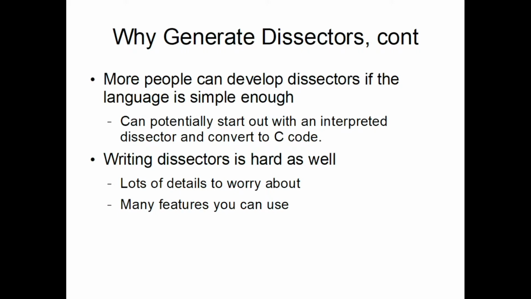And the other thing is that Lua is quite a different language. It's a scripting language, but it's quite different from C in terms of its capabilities. So sometimes it can be hard to move backwards and forwards between Lua and C.